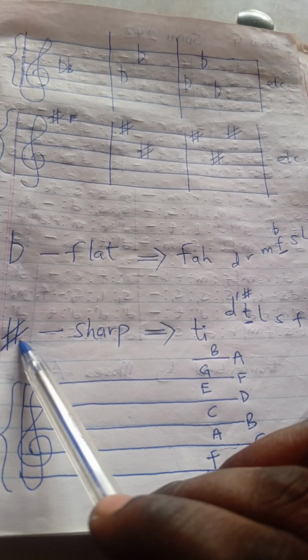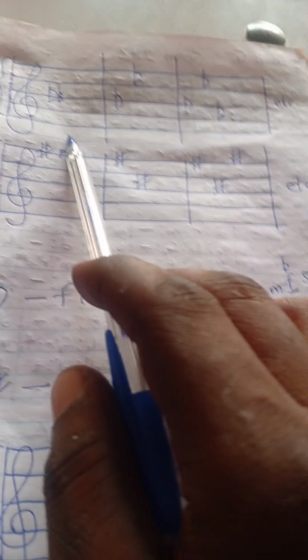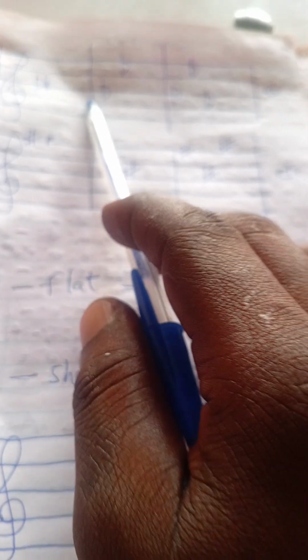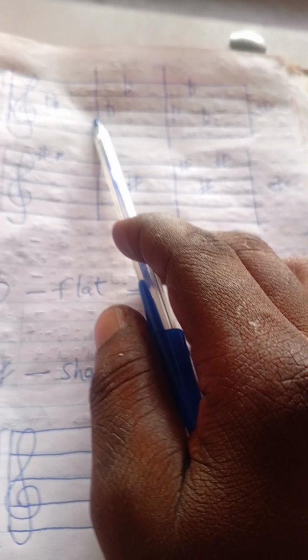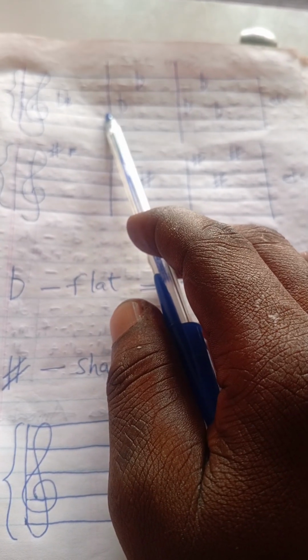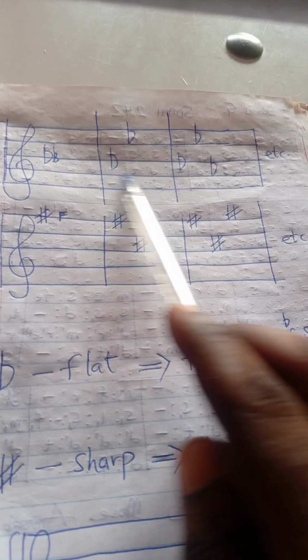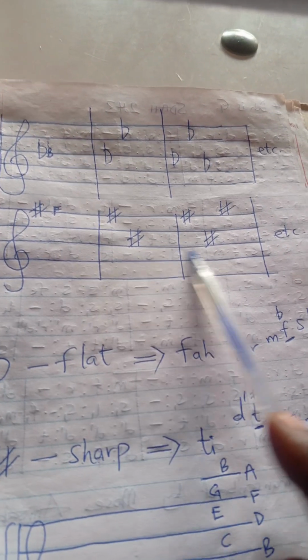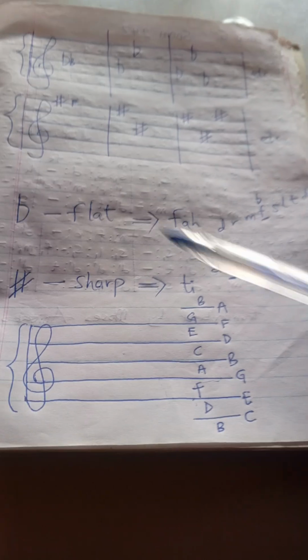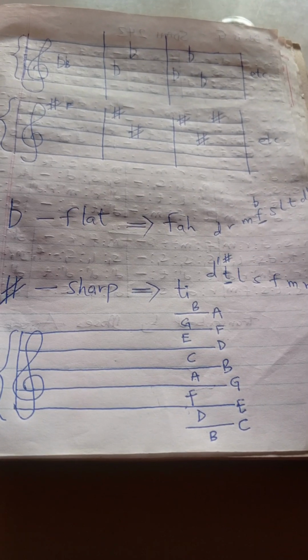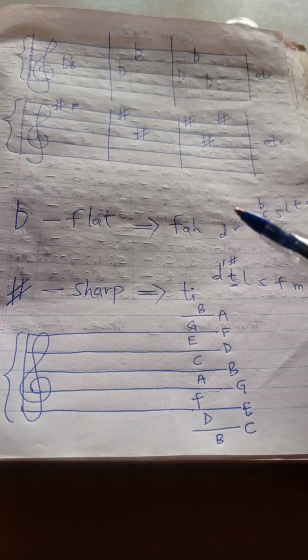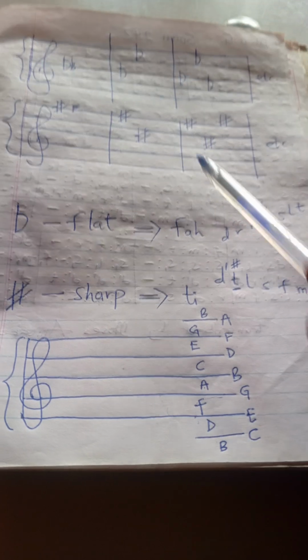Flat, sharp. So these ones are flat signs. These ones are sharp signs. So what are you going to use them for? Imagine you don't know these things by heart.